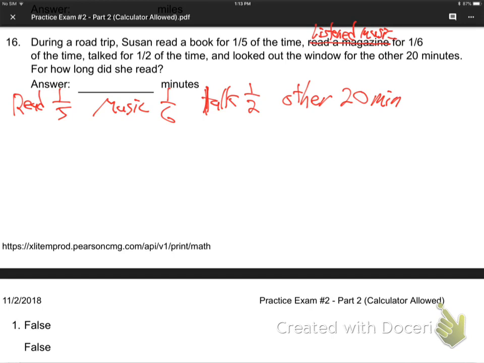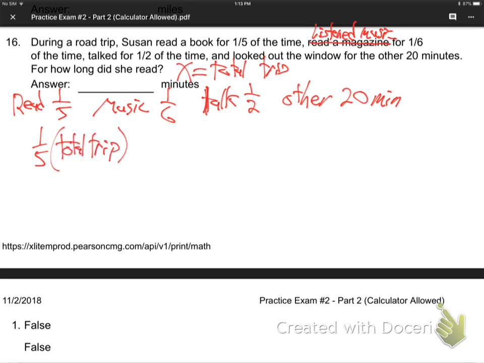So that means 1/5 of her whole trip times X. Let's let X equal total trip. In fact, if you want, you can just use total trip.